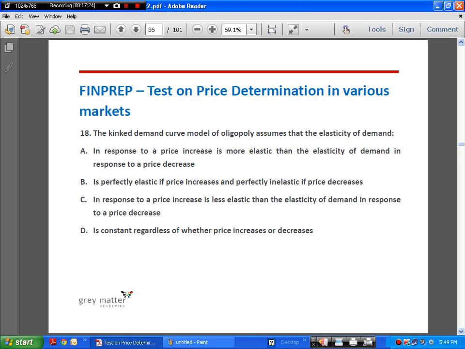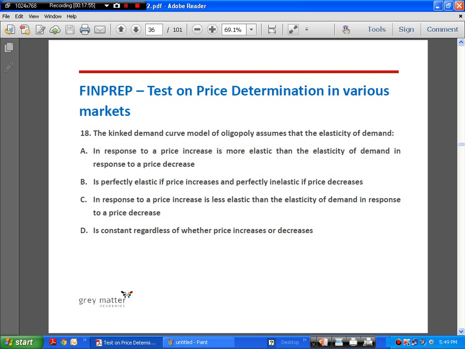Okay. Now, when a firm is following a policy of increase in price, you'll notice that the other firms would not follow that, because an increase in price by a particular firm will reduce the total market share of that firm, and consumers will move to other oligopoly firms that are available in the market.